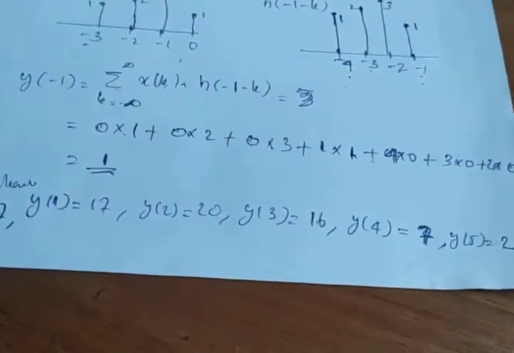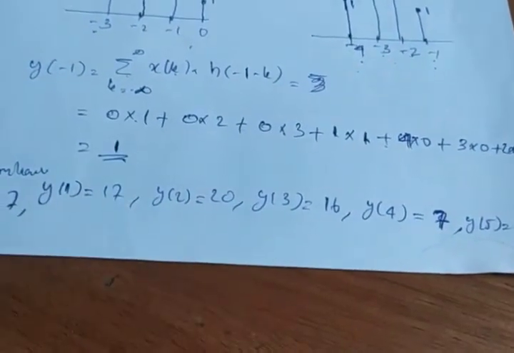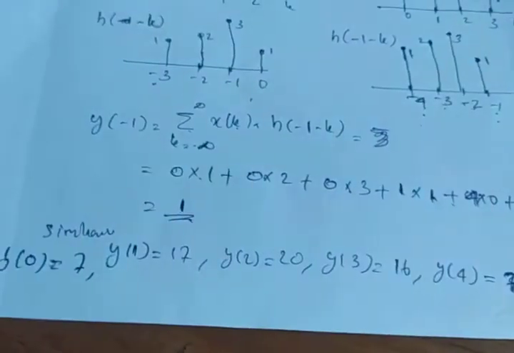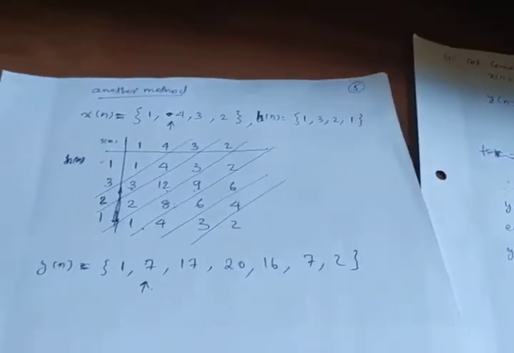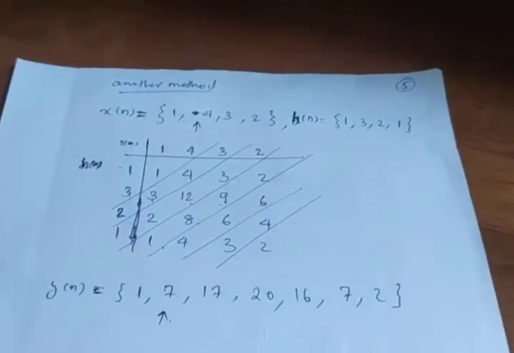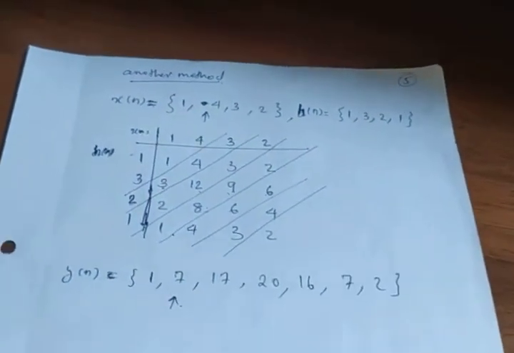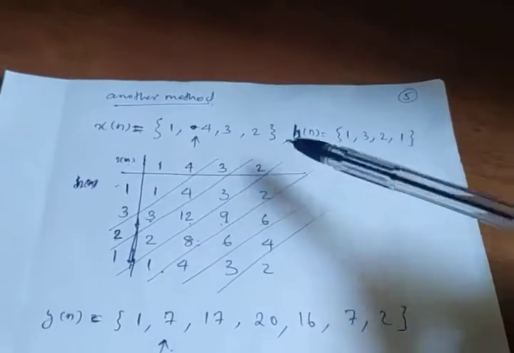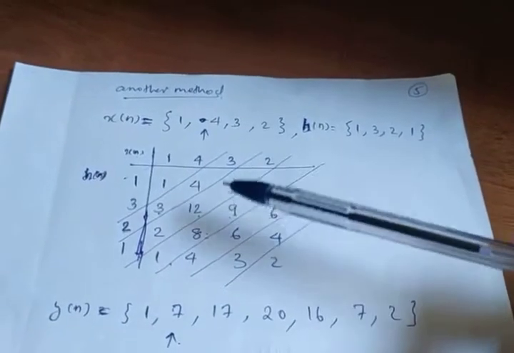This is one method. There is one more method to find out this convolution. This is another method. This is quite an easy method compared to the first method. We call it the matrix method.